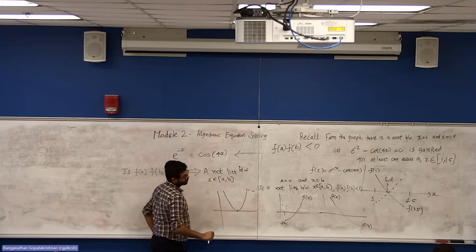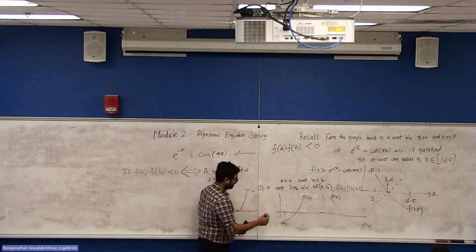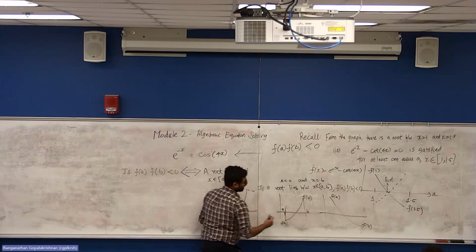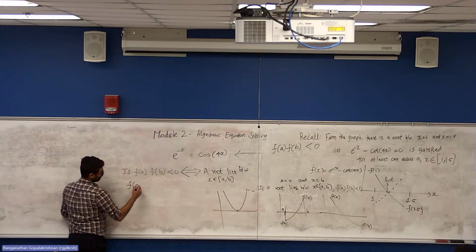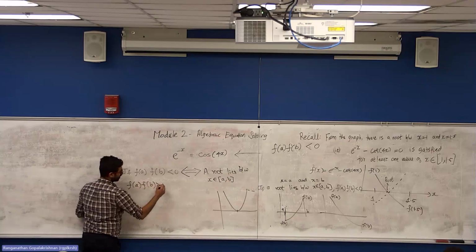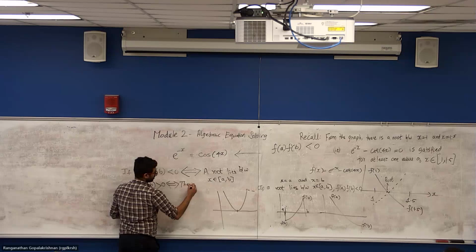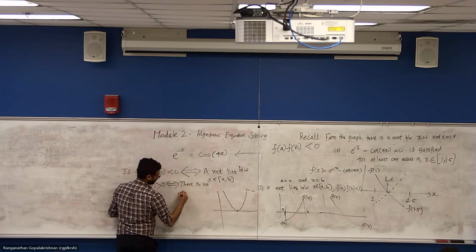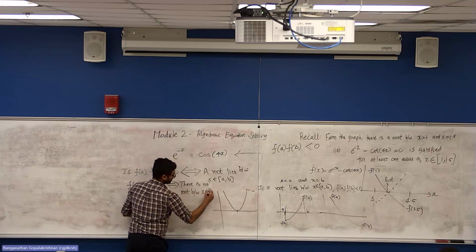Right now, I just want to deal with the most common case, which is if the root is contained between two values, let's say a and b, then this must be true. The corollary is also true. If f of a times f of b is positive, this implies there is no root between a and b.